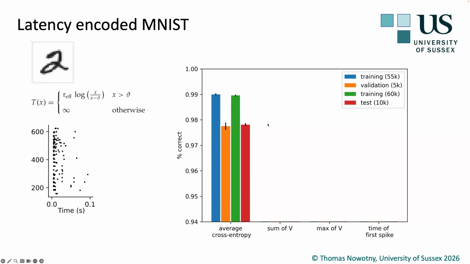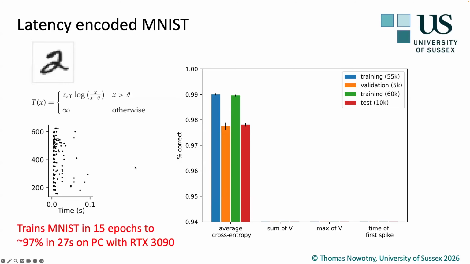But that's of course nowadays one of the easiest data sets people work with. Nevertheless, it's interesting to see that we can train it with just 15 epochs of training and get these kinds of 97, 98% accuracy, and that only takes 27 seconds.